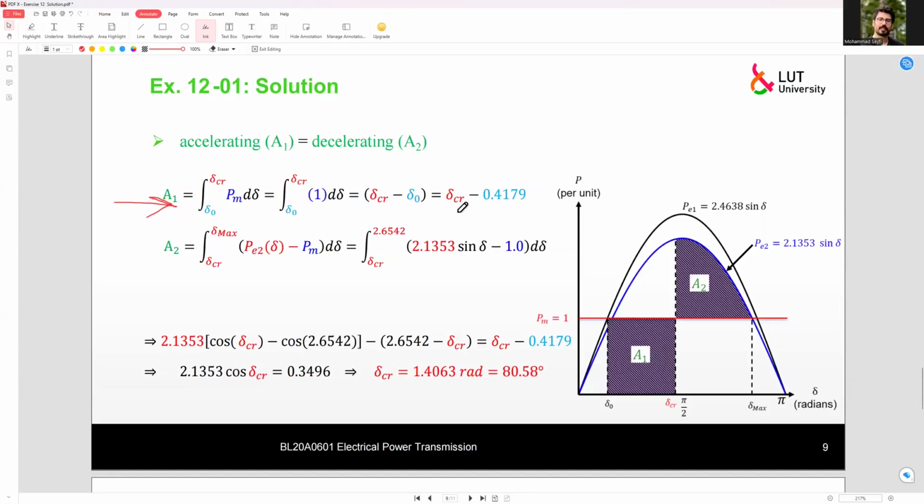So we would have from the first equation delta critical minus 0.4179 would be equal to A1, and A2 would be equal to this, and by having A1 equal to delta critical minus 0.4179 and A2 equal to this, we can easily calculate delta critical, which here is equal to 1.4063 radian, which is equal to 80.58 degrees.